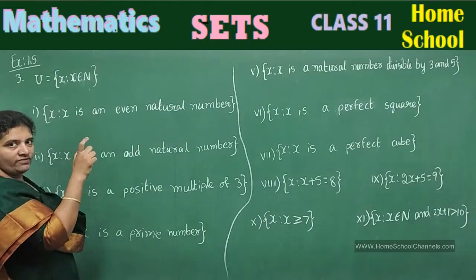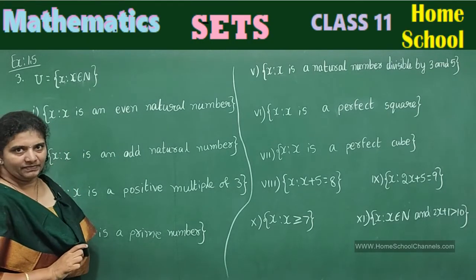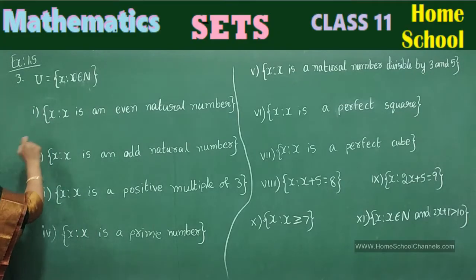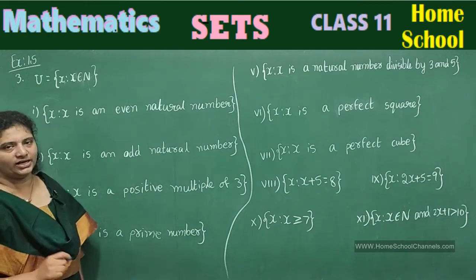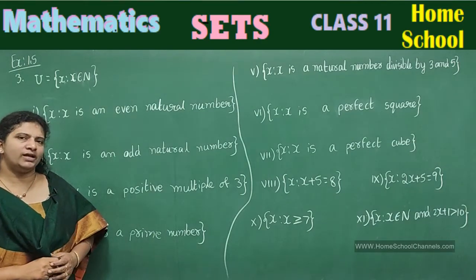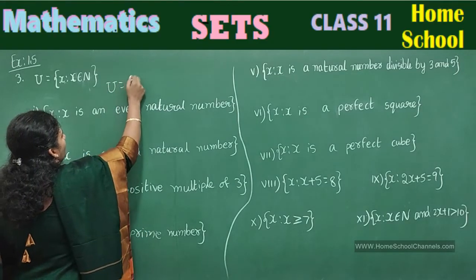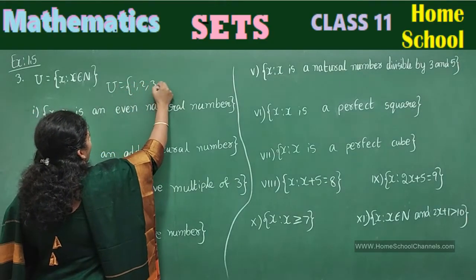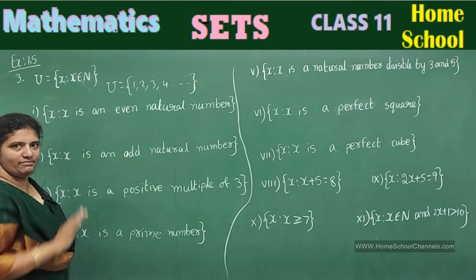So we have the universal set, then we can find the complement of all these sets. Right? First one, set of all x such that x is an even natural number. Natural numbers, I think you can say here 1, 2, 3, 4, and so on you will be having in the universal set. All natural numbers set.